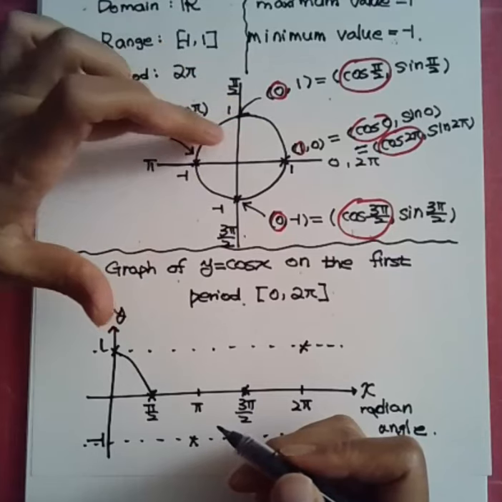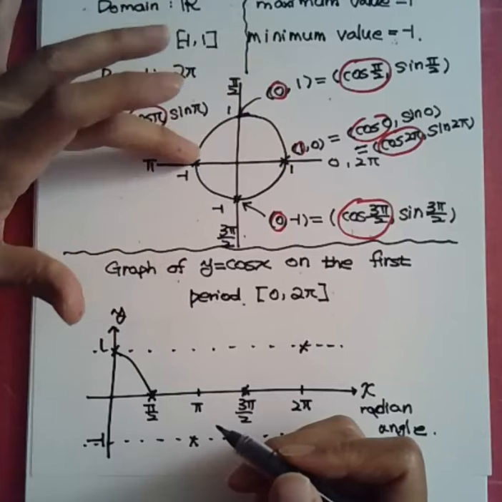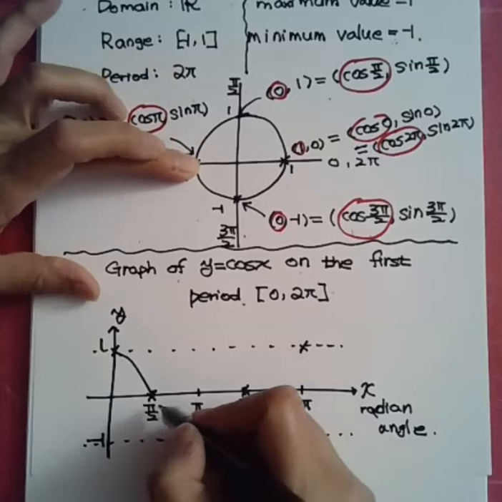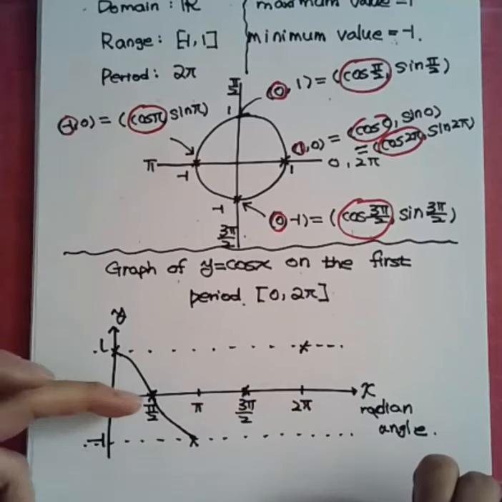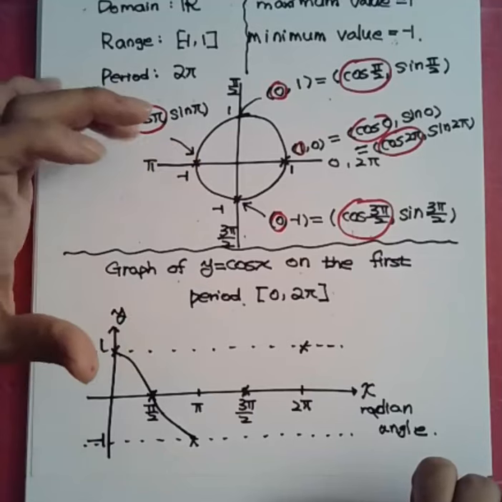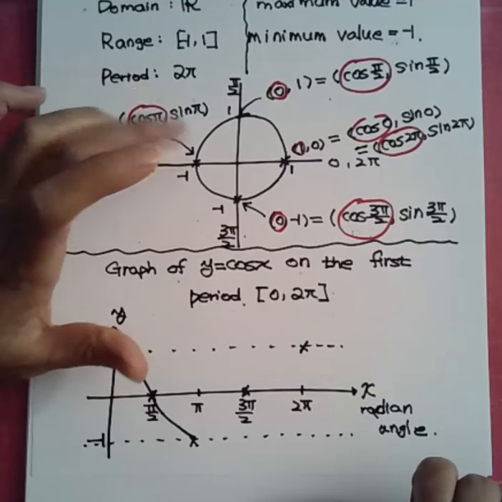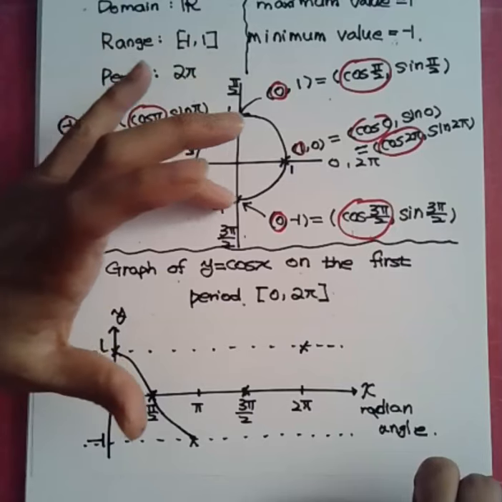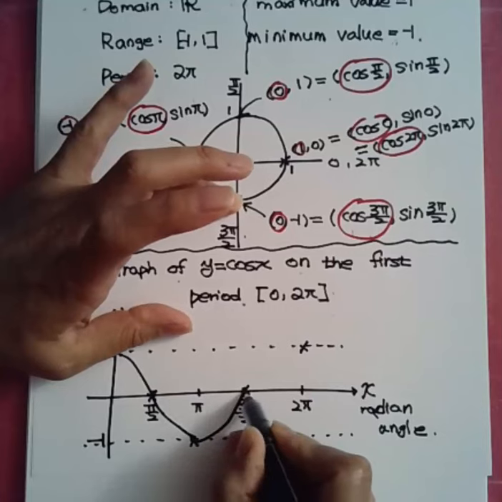We are just thinking about the y value. Then from here to here, the cosine value will decrease. So we will connect these 2 points like this. If we think about how the value varies between pi and 3 pi over 2, the value increases and becomes 0. So it becomes like this.